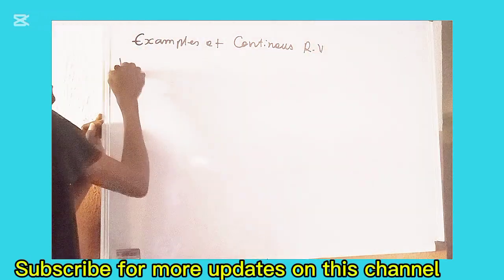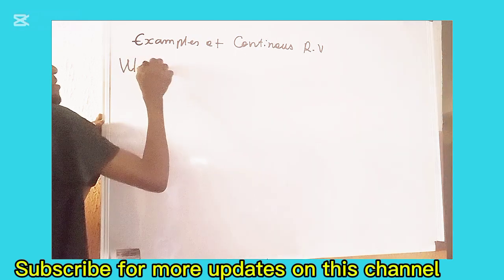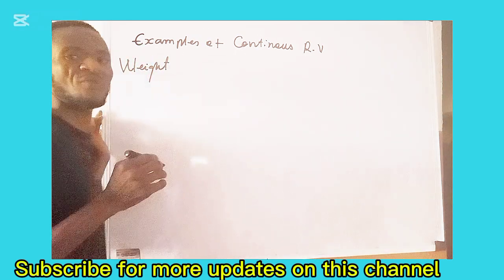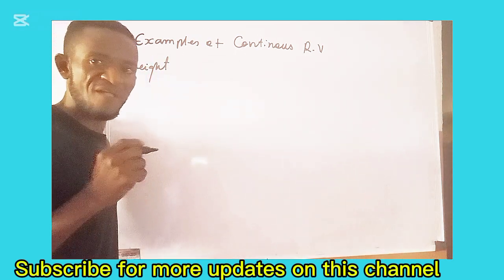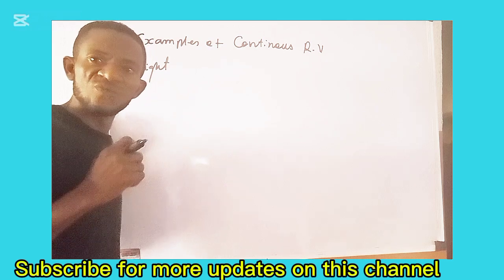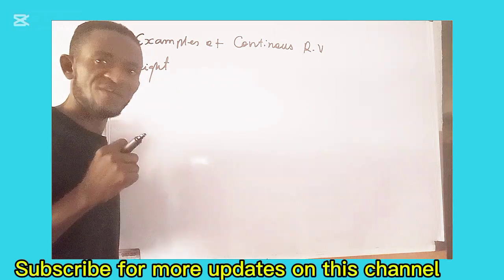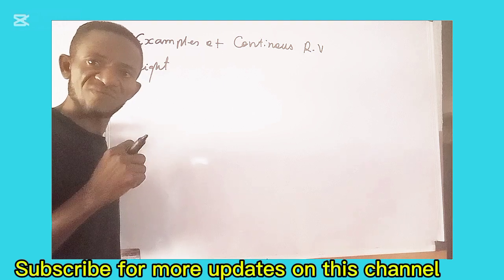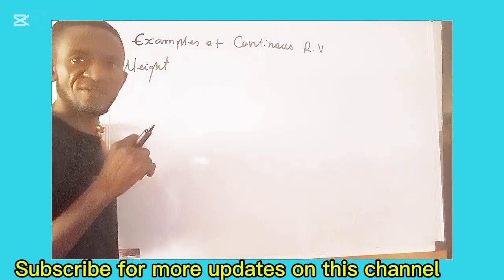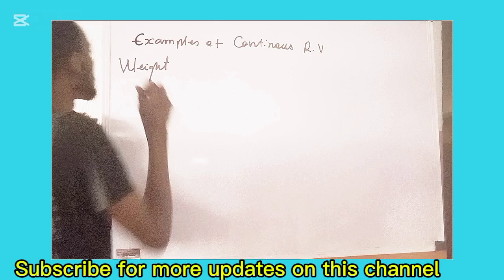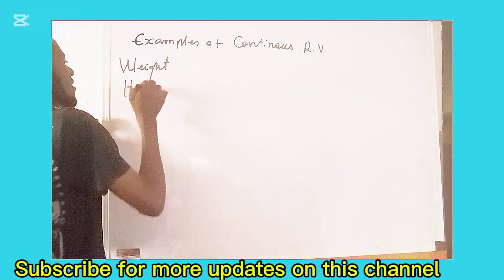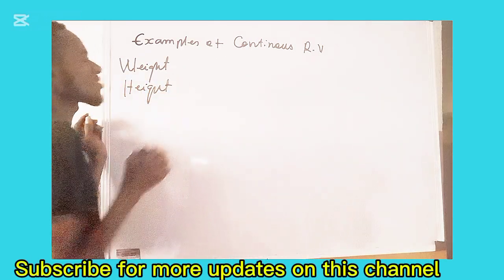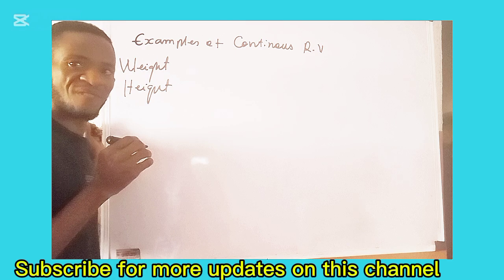Of course, weight is an example of a continuous random variable because your weight can take up any possible values between a certain range, can take up all possible values. Okay? So height is equally a continuous random variable.